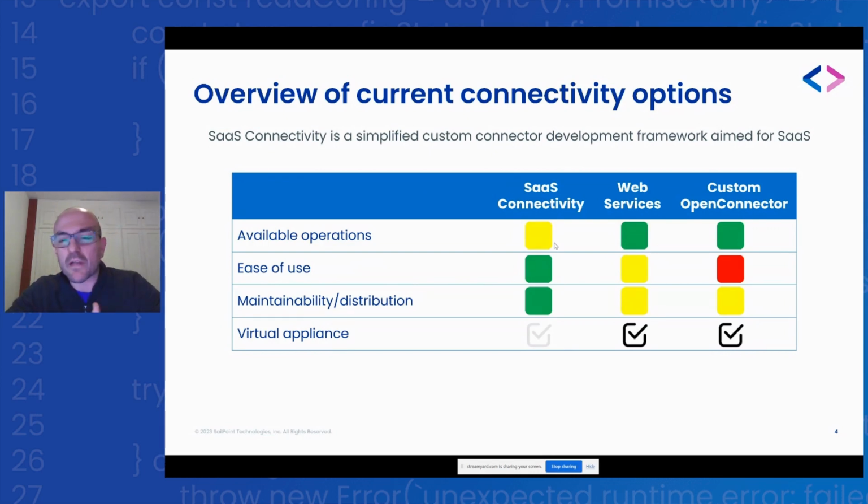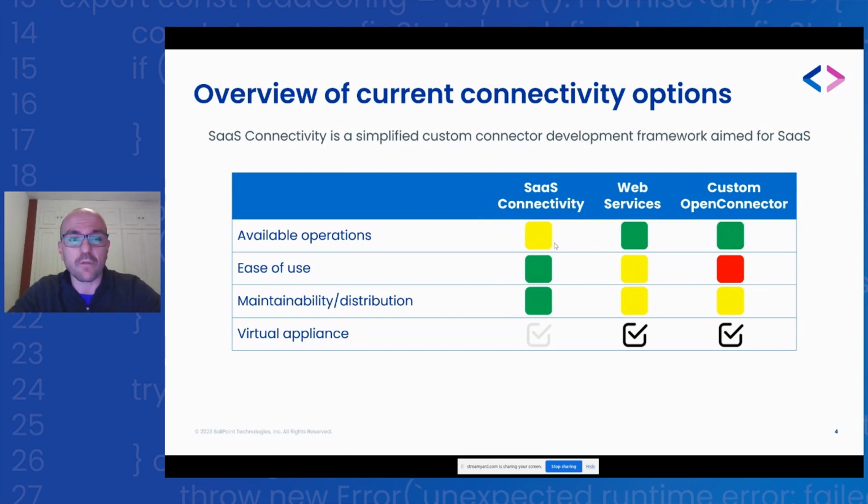In terms of available operations, I'd say all of them are pretty complete. SaaS connectivity only lacks things like password pass-through and some of the features that we will be adding in the future. But you can consider that SaaS connectivity at the moment, for like 90% to 99% of the occasions, is going to work for you.